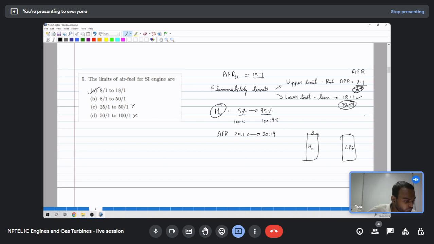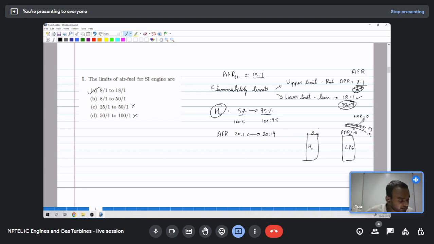I would write fuel air ratio is 0, and here fuel air ratio is infinite. So somewhere in between these two, there will be a small band which will have the limit of say 8:1 to 18:1. So only this small region can participate in combustion, and that will not be much far from the LPG cylinder that I have mentioned.